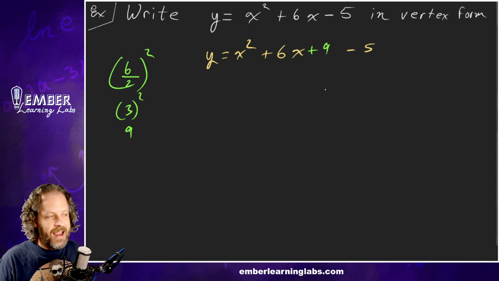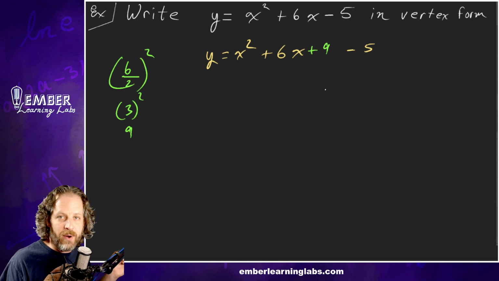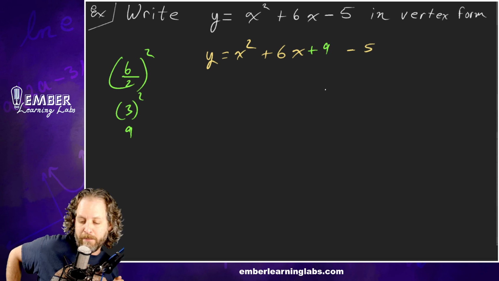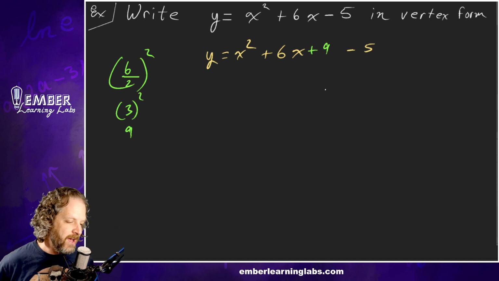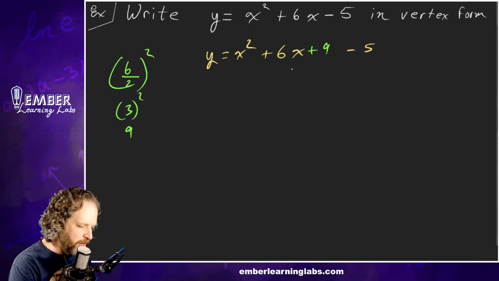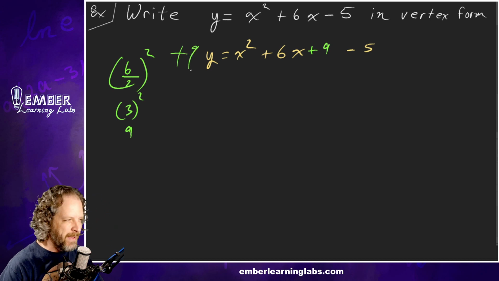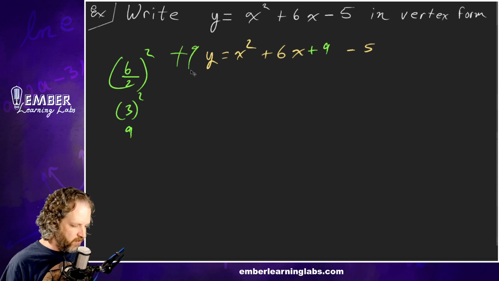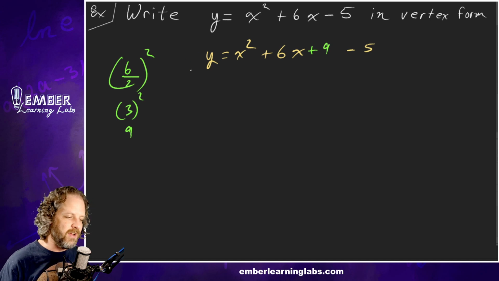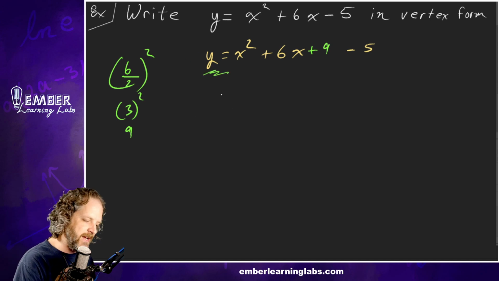Now, we can't just randomly add 9 in the middle of an equation. That's not legal. They'll take you off to math jail. So how are we going to do that? Normally, we would add 9 and then we would add 9 over here, but that's going to mess it all up because we don't want y to have junk on it. We want y to be all pristine and happy.